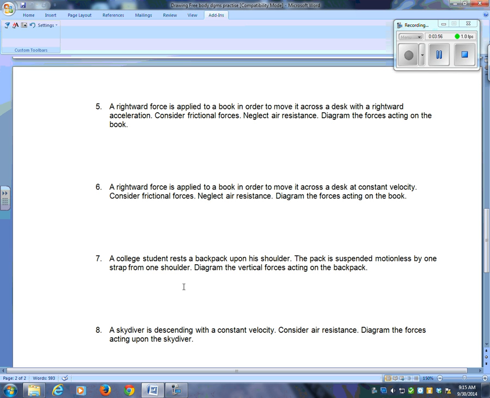A rightward force is applied to a book in order to move it across a desk with a rightward acceleration. Consider frictional forces. Neglect air resistance. Diagram the forces acting on the book. So it's moving with a rightward acceleration. Acceleration, big flashing red light, warning, warning. Net force is not 0. Consider friction. It's on a desk, so we've got the surface.